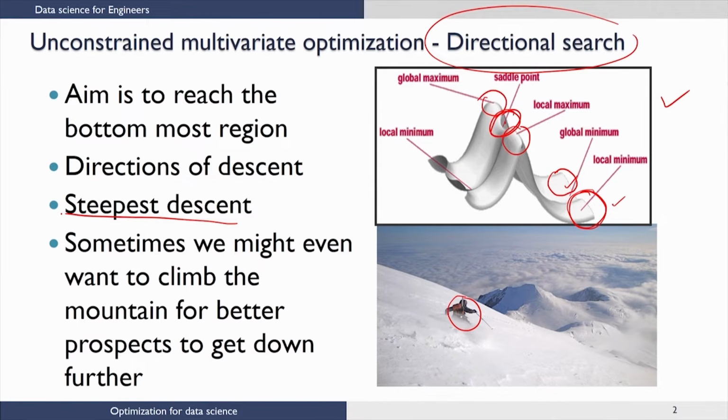So, the direction in which I can go down really fast, I will find that direction and then go down that direction. Now, the way optimization algorithms work is the following. You are at a point, you find the steepest descent direction, and then you keep going in that direction for a sensible amount of time, or in this case the length of the step that you take in that direction.